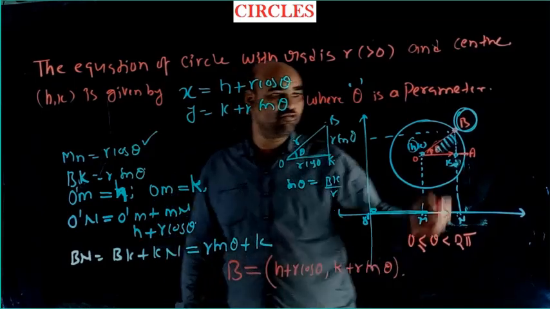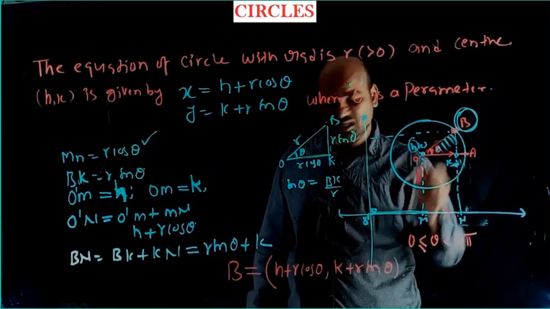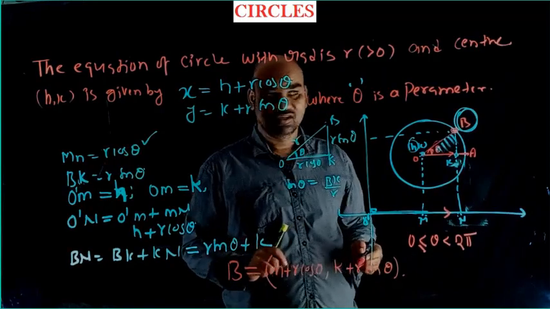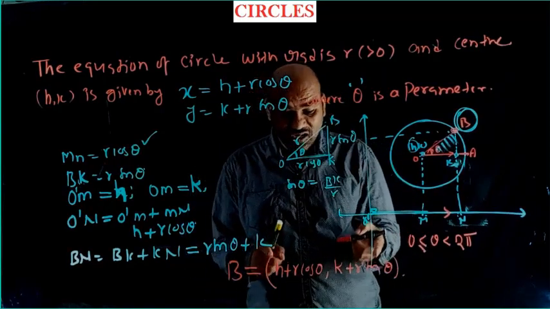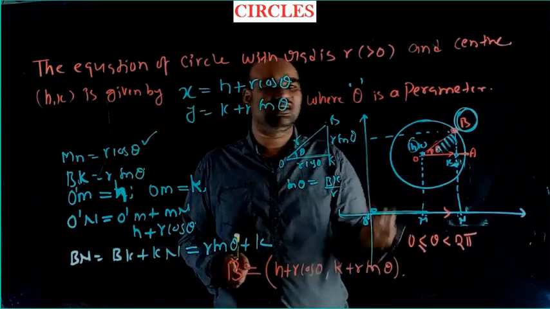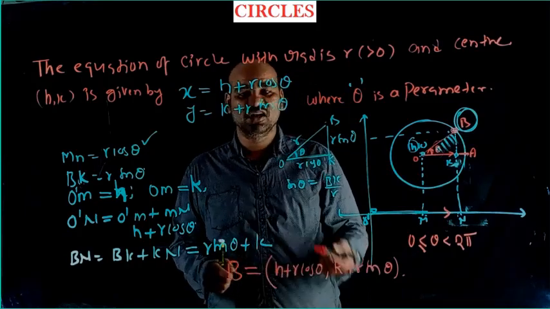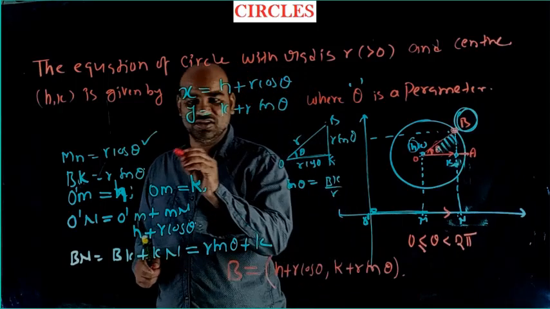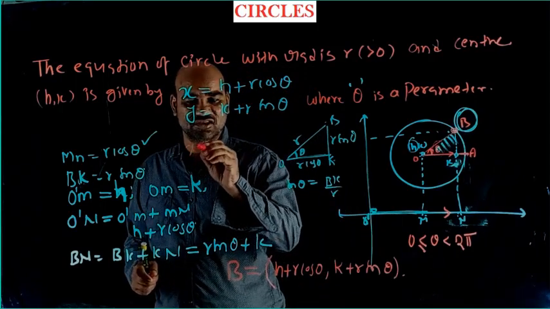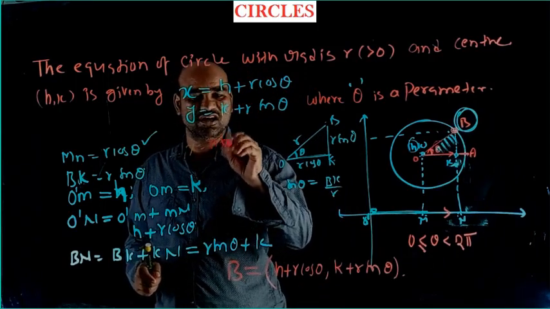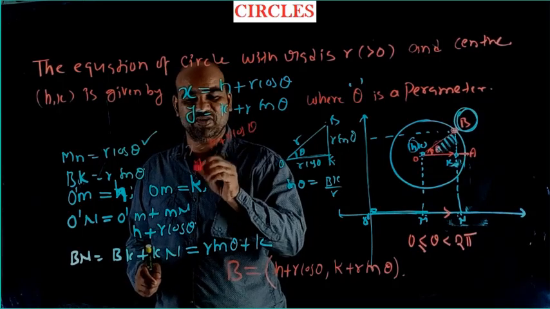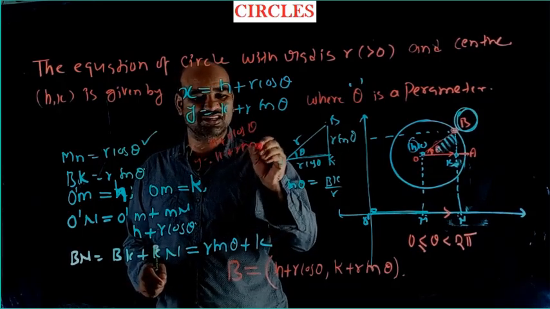Means we found the point on the circle by using theta. So we can say that the locus equation of this point is the equation of the circle. Here theta is a parameter. Therefore x equals h plus r cos theta, comma y equals k plus r sin theta.